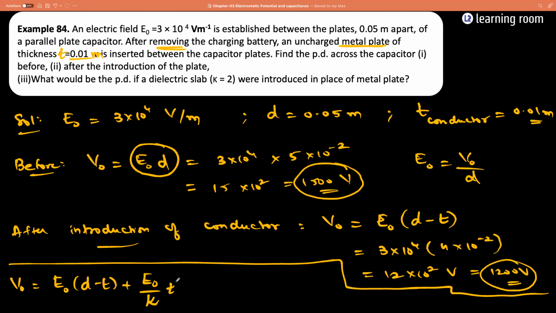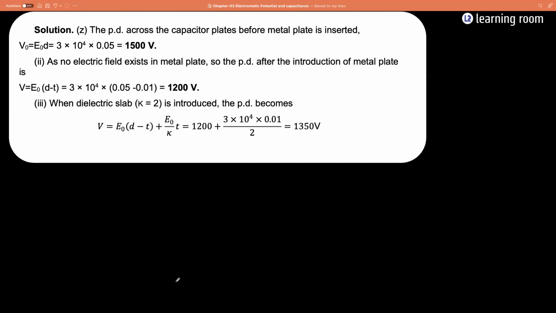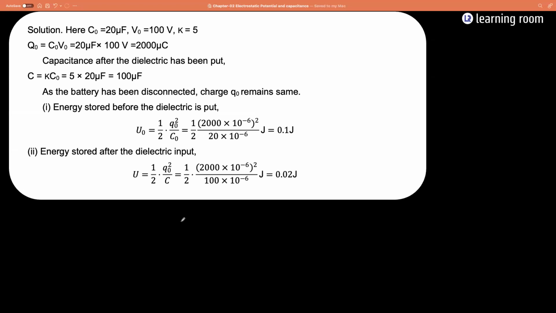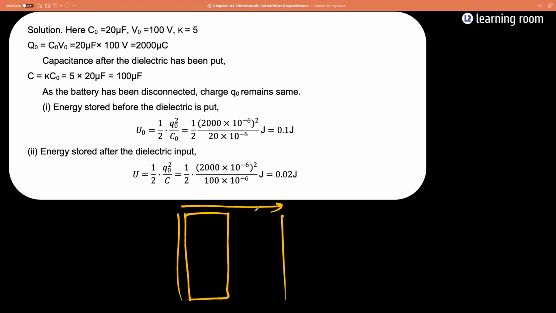Okay. So I'll explain this concept. Listen. If this is a plate of separation D, and this metal plate is of thickness T, then how much is this distance going to be? It is going to be D minus T. So inside the dielectric, what is going to be the electric field? It will be E naught by kappa.